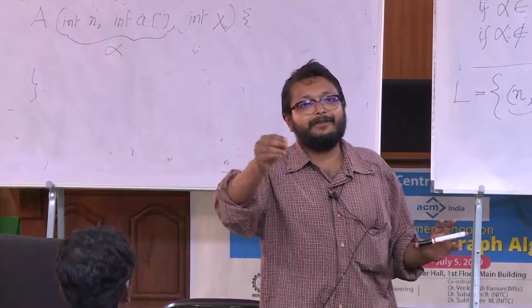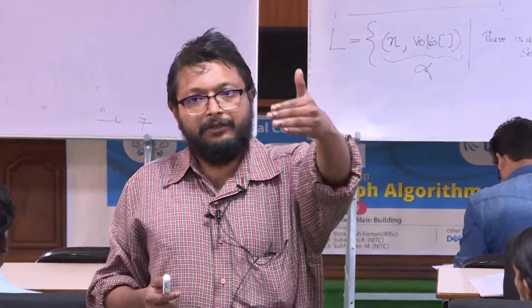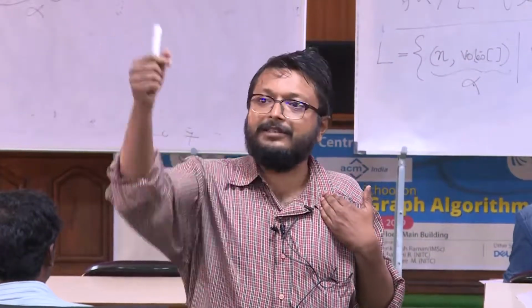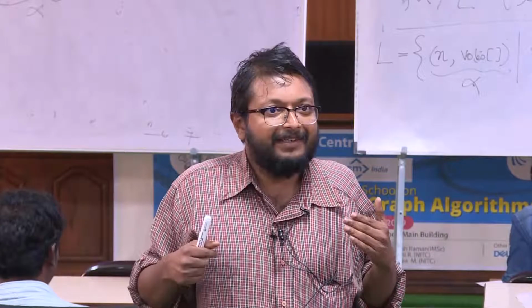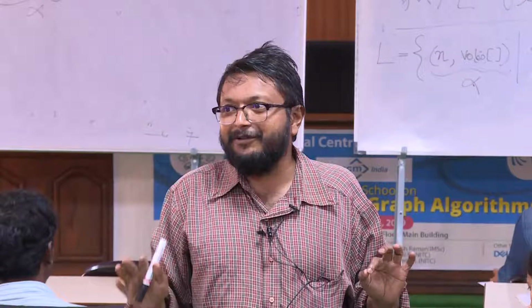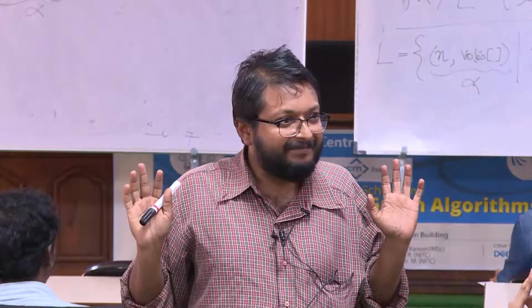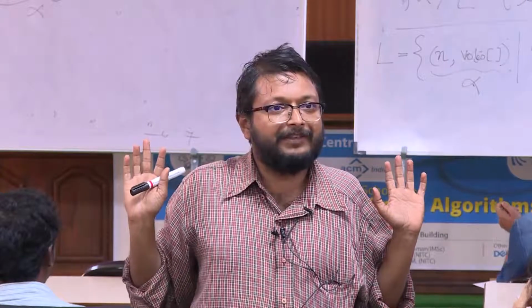If there is a leader, you give it. As a verifier, I can ask: when you bring the problem instance alpha, you also bring me a candidate leader X. Now I will do the verification.